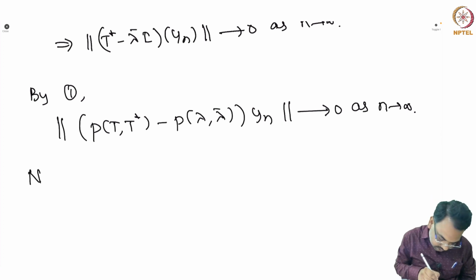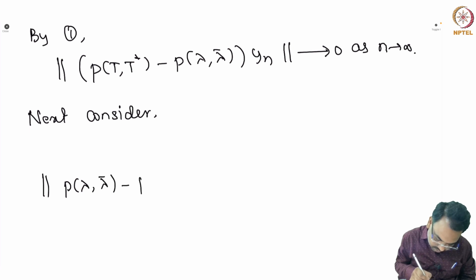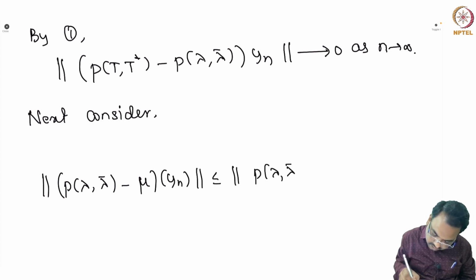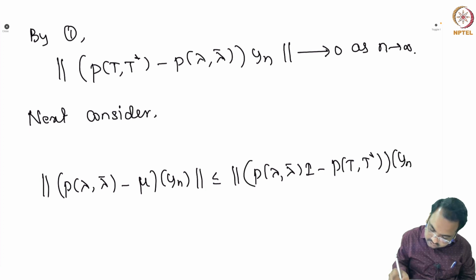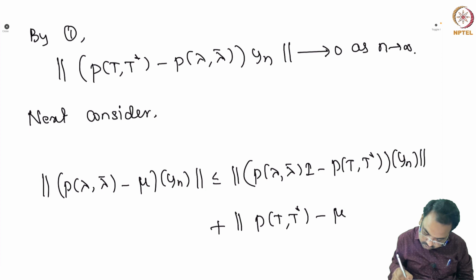So next consider norm of (p(lambda bar) minus mu) acting on y_n. So this is less than or equal to norm of (p(lambda bar) I minus p(T star)) acting on y_n plus norm of (p(T star) minus mu) acting on y_n.